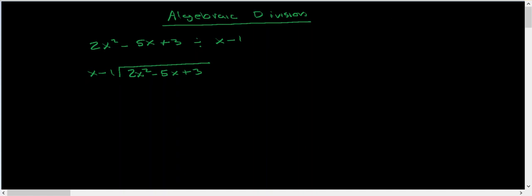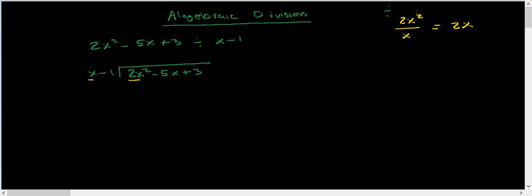So the first phase is what's known as the division phase. In the division phase, you're dividing this term here by the x term in the smaller expression. So what does that look like? You're going to have 2x squared divided by x, which is equal to 2x.